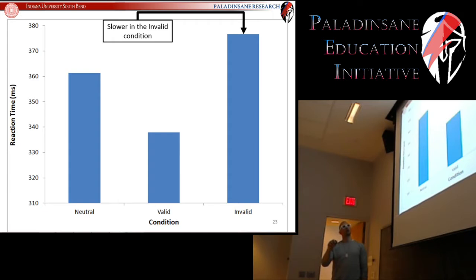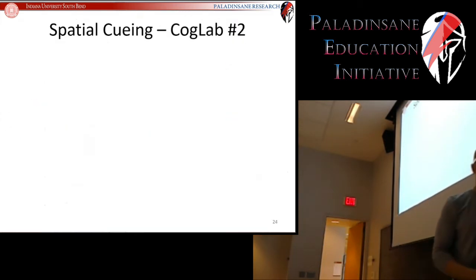But if you have to go from the correct side to the incorrect side, this is literally how long it takes your attention to make it all the way over to that other side. And you can see that the neutral condition is right about in the middle. If you are staying in the middle, as soon as you see a target on the other side, you have to go to those other sides. You're halfway between, and it's just about halfway between those two reaction times.